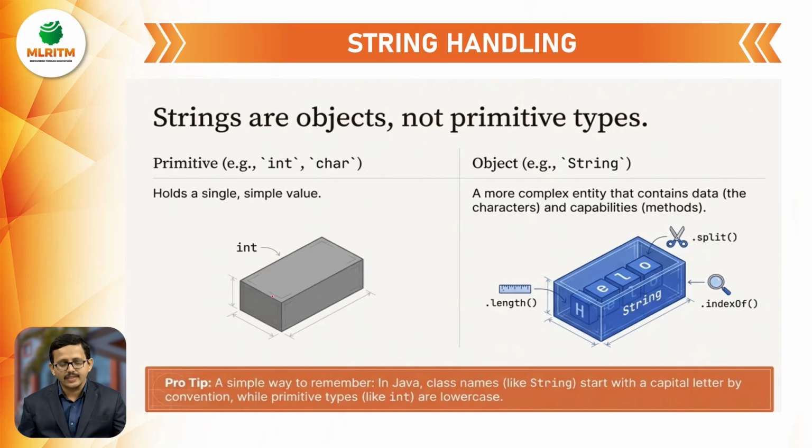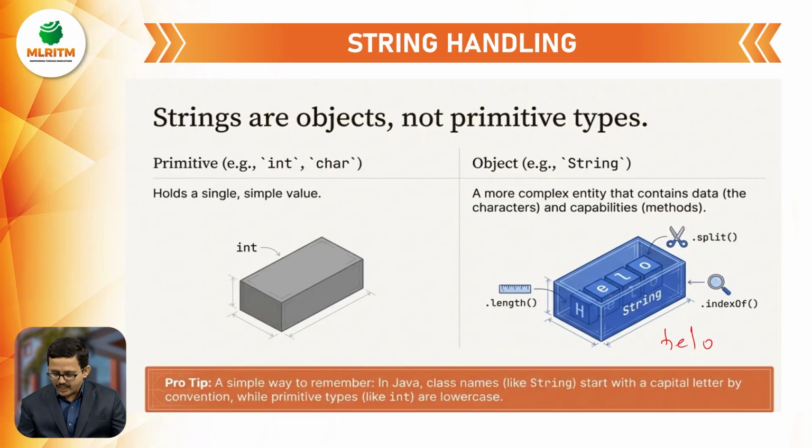A primitive holds a single, simple value. But our string, as you can see in the diagram, is a more complex entity that contains data, the characters, and capabilities, which are also called methods. Here is a string that is going to store Hello.